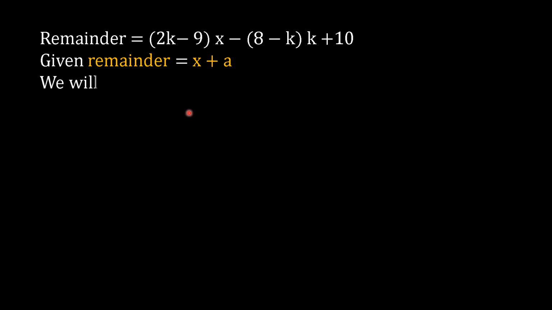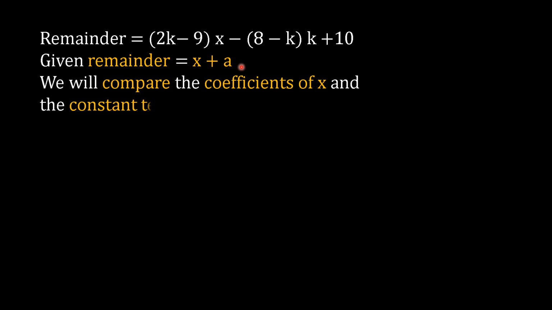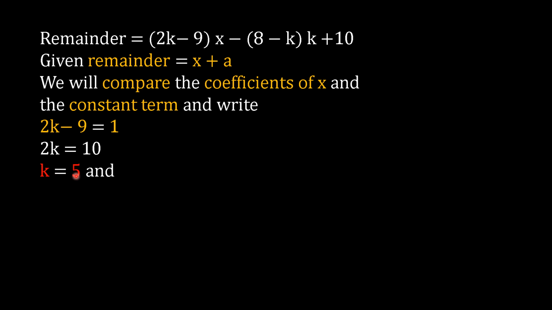So we will compare the coefficients of x and the constant term. Here the coefficient of x is 2k minus 9, and here the coefficient of x is 1. So we write 2k minus 9 equals 1. So that gives us 2k equals 10, that is k equals 5.